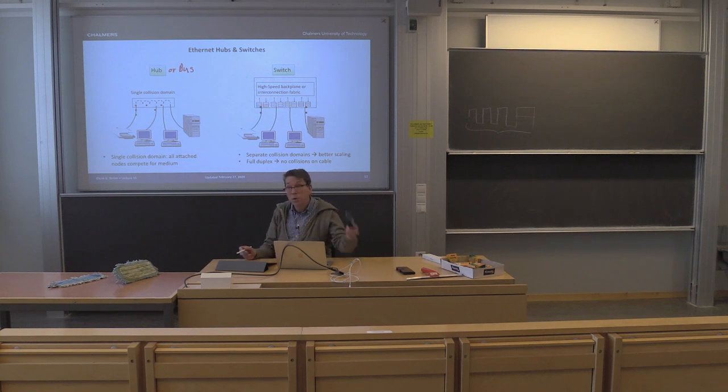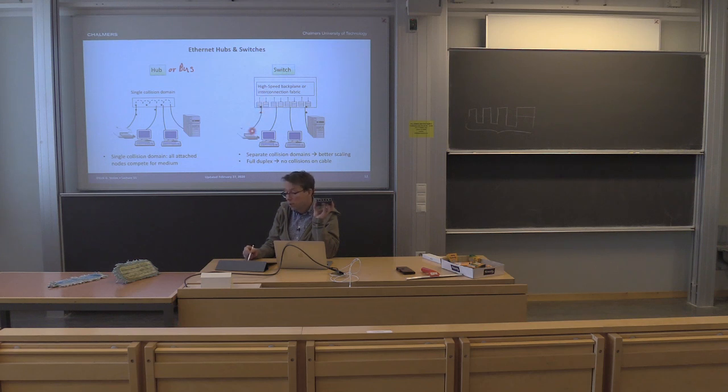Nowadays we use switches instead, which means that each device is hooked up to one of the ports in the switch. So one of the devices to one port, the other one to another port, and the third to another, and so forth. Inside these ports, we have buffers that buffer incoming traffic and buffer outgoing traffic.